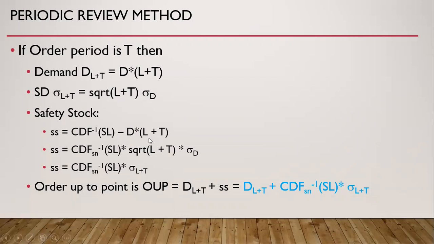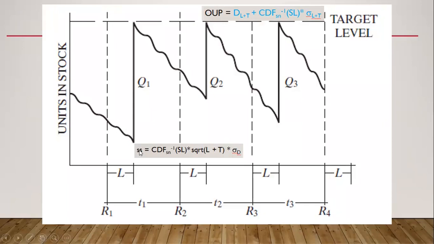We can use this formula if the distribution is not normal, and we can use this formula if the distribution is normal, that is, if the demand is normally distributed. And the order up to point, or OUP, or the target level, is defined as this entity. So this is the order up to point, this term, and this is the safety stock.